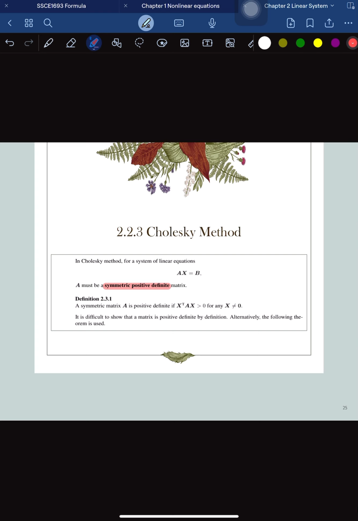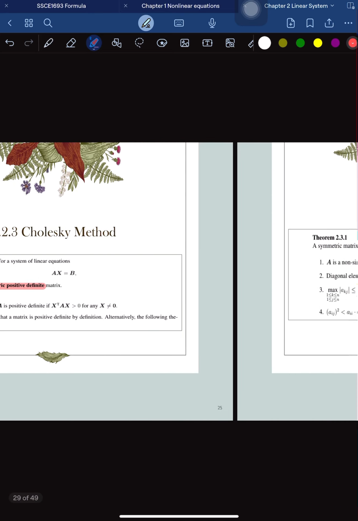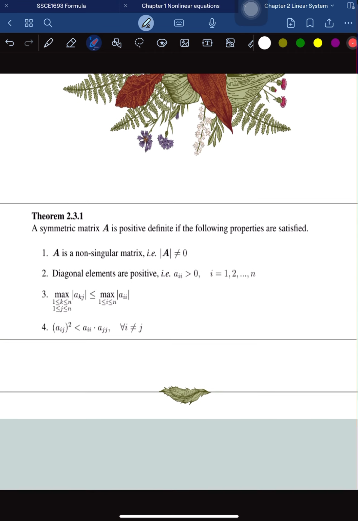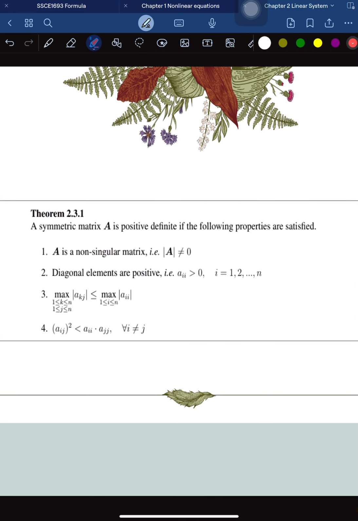Then you can apply the Cholesky method. So what is symmetric, positive definite? The matrix A should satisfy all these properties. The first one, the matrix must be non-singular, meaning the determinant is not equal to 0.